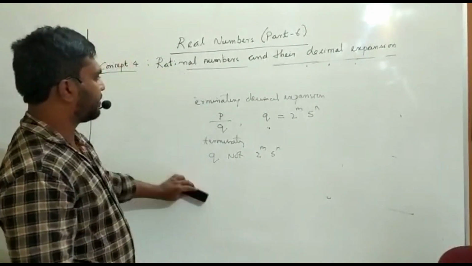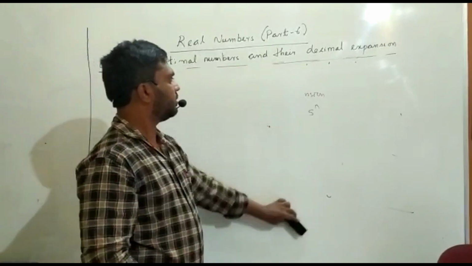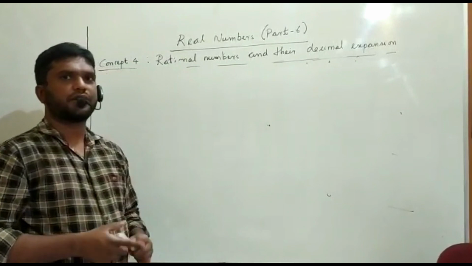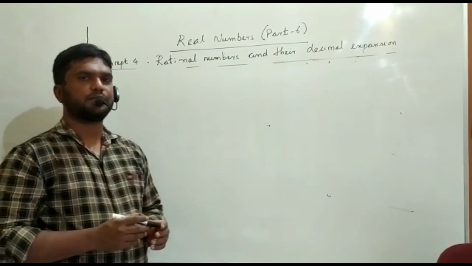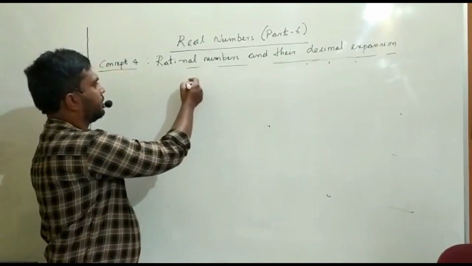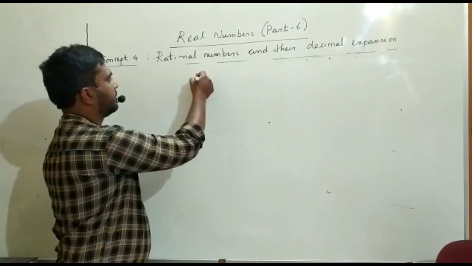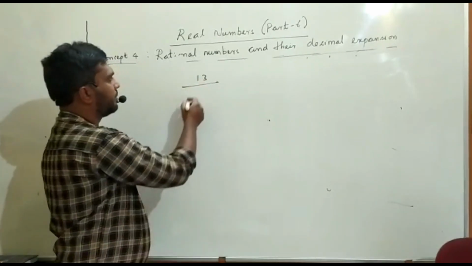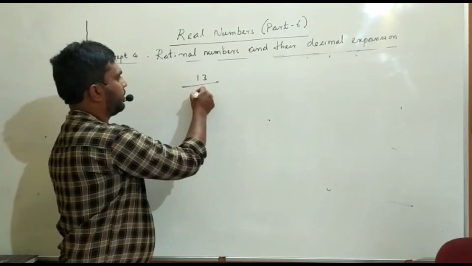What questions can you expect from this? I'll be dealing with that. Check whether the decimal expansion terminates or not. They can give a question, for example, 13 divided by 25.